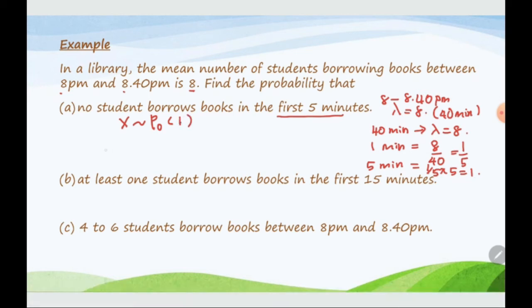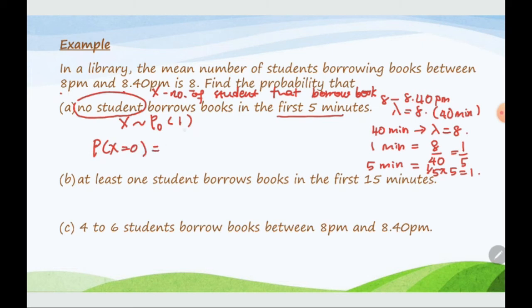And then the question asks to find no student, because x is the number of students that borrow books. Okay, so P(x = 0).